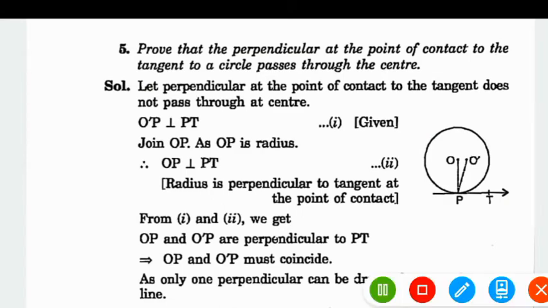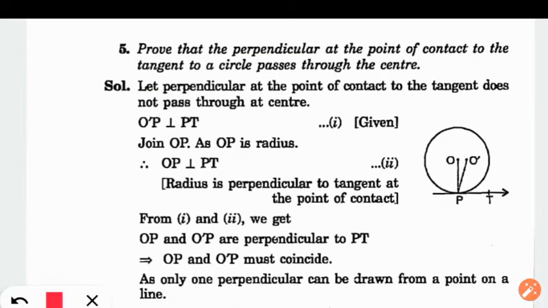What we are required to prove is that the perpendicular at the point of contact to the tangent, here P is the point of contact. So through the point of contact, if you draw a perpendicular, that perpendicular must pass through the center of the circle. That is what we are required to prove.